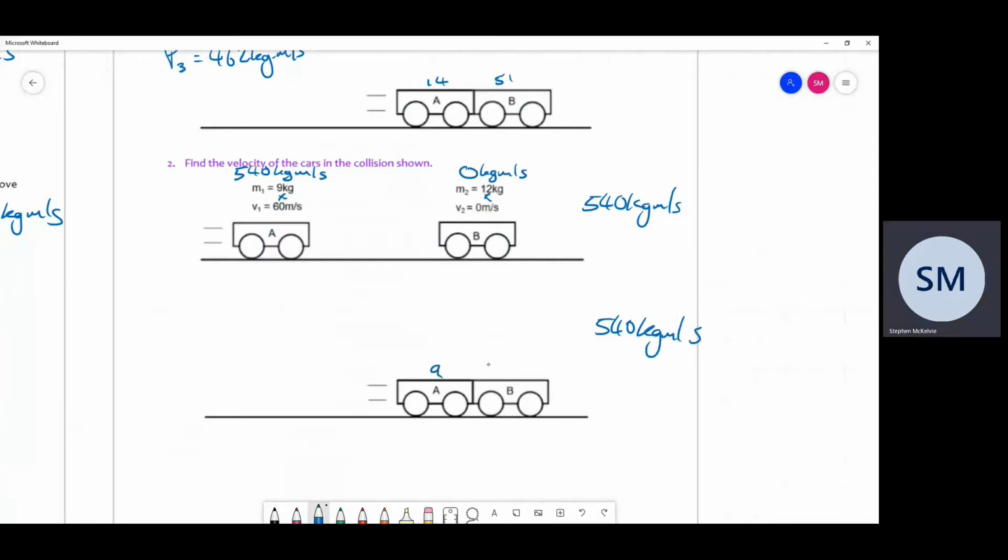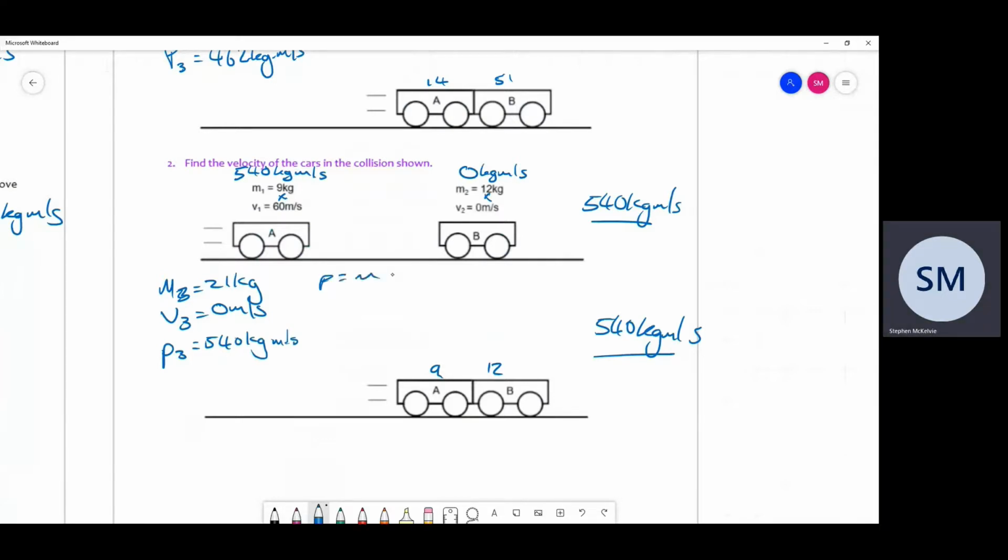The mass here will be 9, the mass here will be 12, giving us a mass of 21 kilograms. I don't know the velocity, but because the momentum has to be the same before and afterwards, I'm going to say that momentum 3 is equal to 540 kilogram meters per second.